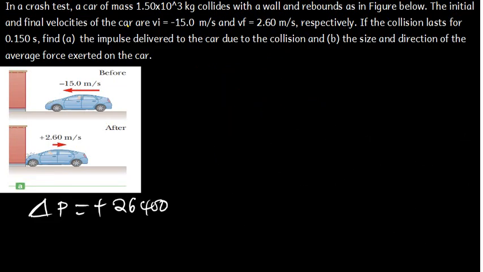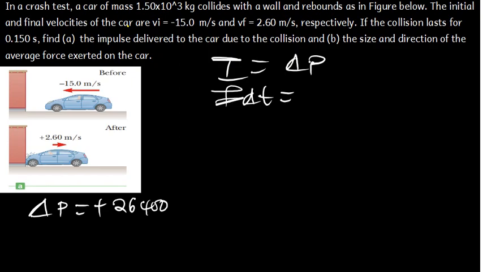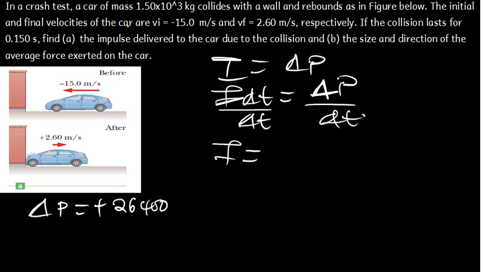We know that impulse is equal to change in momentum. Impulse is force times change in t, which is equal to the change in momentum. Let's divide both sides by change in t. The force is going to be equal to the change in momentum divided by the change in t.